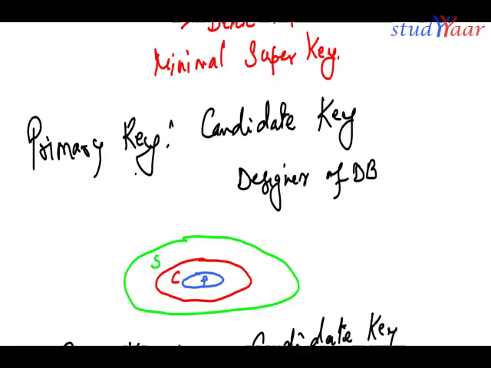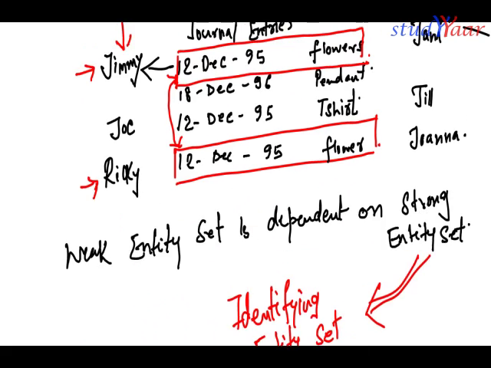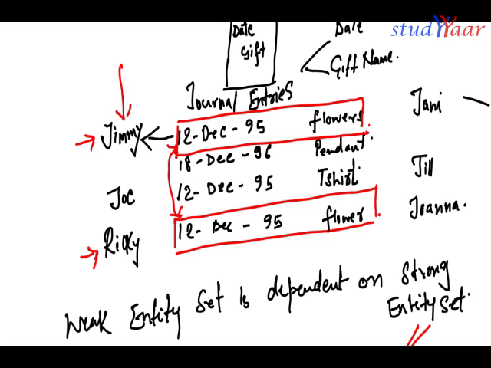So here this identifies these journal entries. It distinguishes between these journal entries.